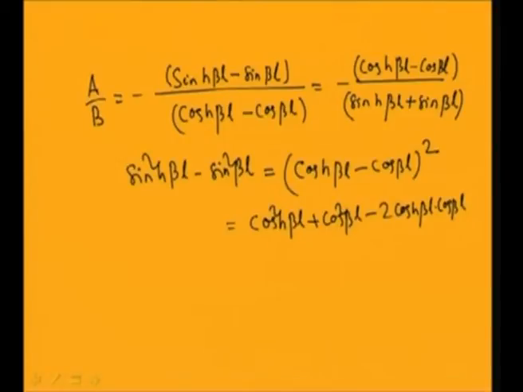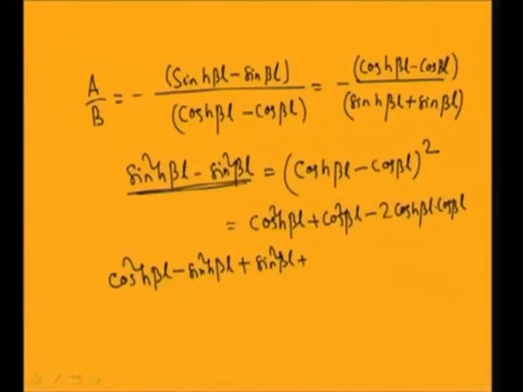By taking these to the right side, this becomes cos square hyperbolic beta l minus sine square hyperbolic beta l plus sine square beta l plus cos square beta l minus 2 cos hyperbolic beta l into cos beta l equal to 0.